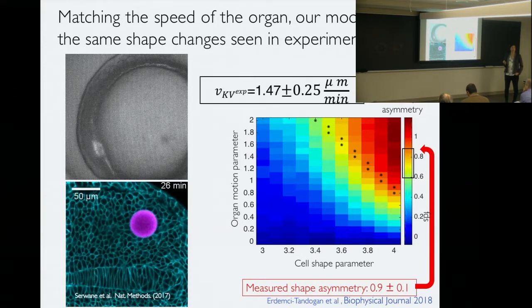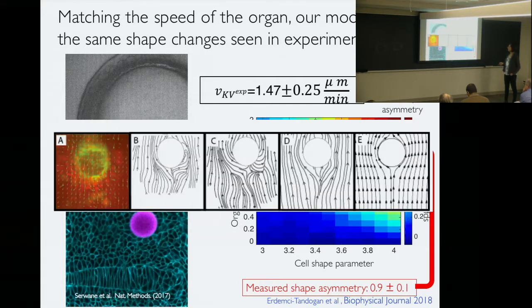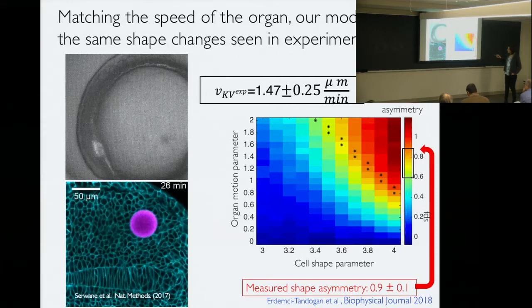So we can match up the time scales from the zebrafish tail bud tissue exactly to our vertex model, and then we can measure how fast in absolute terms this organ is moving through the tail bud tissue. When we do all of that, there's a really sweet spot: as best we can tell, the velocity with which the KV is moving through the tail bud is exactly right to generate the shape changes that we see in the experiment.